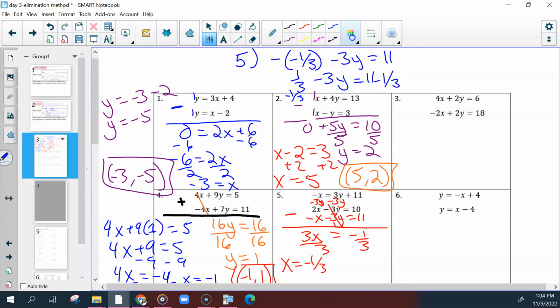Do that in your calculator. Tell me what you get. Alpha y equals will give you your fraction. What did we get for that? 11 minus 1/3. 32 over 3.